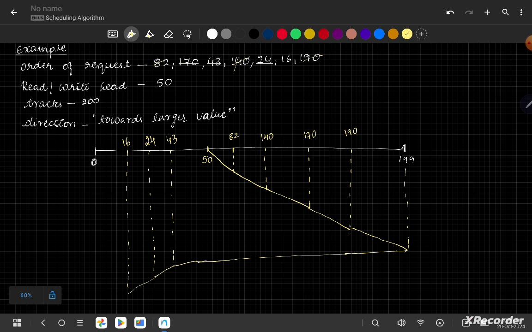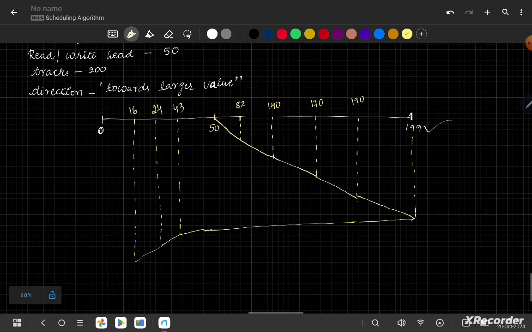So this is your scan algorithm. First, from the read and write head, it goes only in one direction. It completes all the requests present in that path, and it reaches the end of the disk. From the end of the disk, it reverses back and completes whatever requests are left over, and it reaches the end of the requests. So this is your scan algorithm.